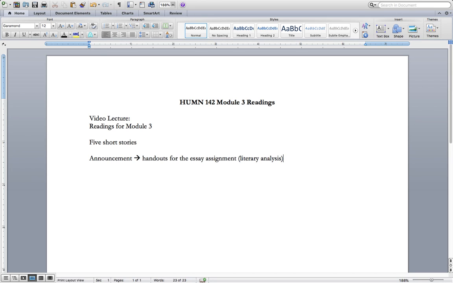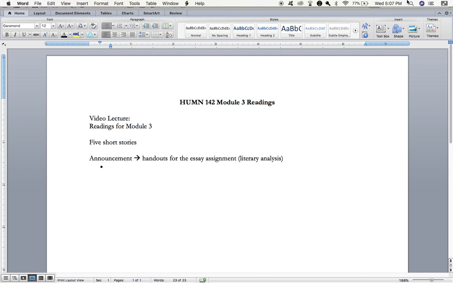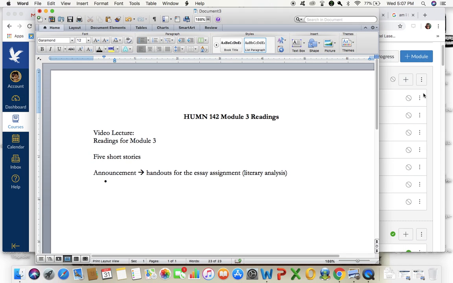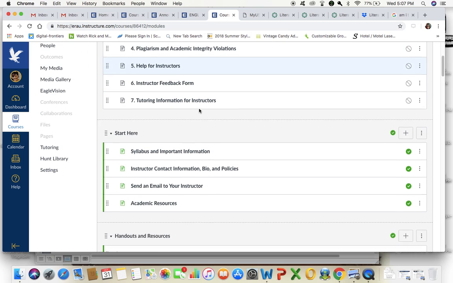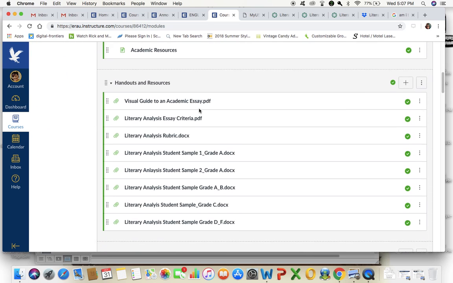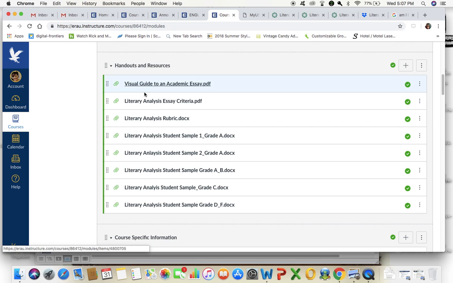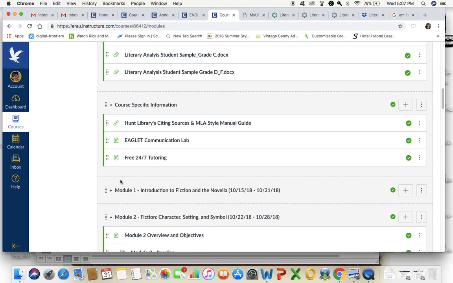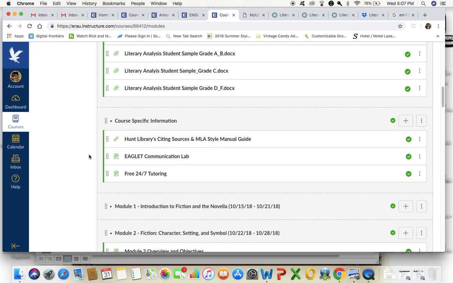I wanted to provide a few additional handouts because if we go to Canvas really quickly, in modules, this is the handouts and resources module that I have put up here, and this is where I'm uploading documents. This is the visual guide, and then all of this is what I've uploaded for the literary analysis assignment, and that's right before the course-specific information in Module 1.